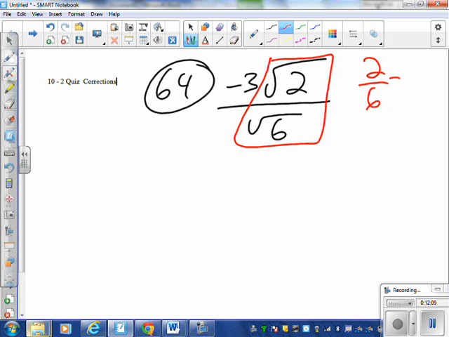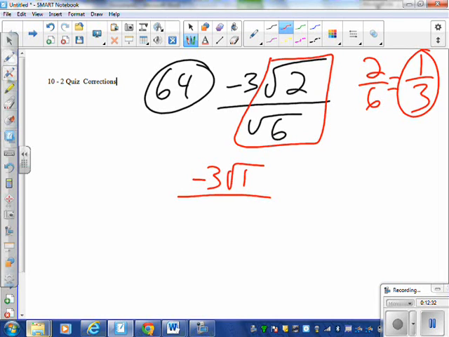I want to reduce those two numbers. If I have 2 over 6, that's going to reduce to 1 over 3. So I'm going to replace those numbers with the ones I just have right here. So I'm going to rewrite that as negative 3 square root 1 over square root 3.